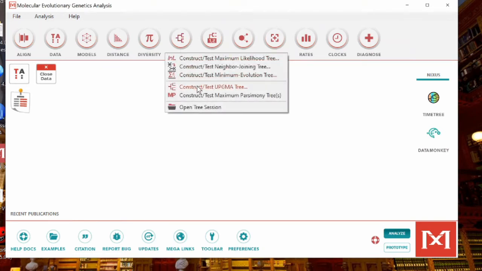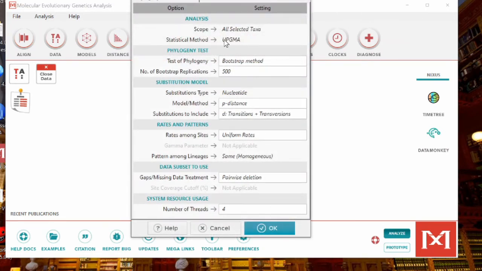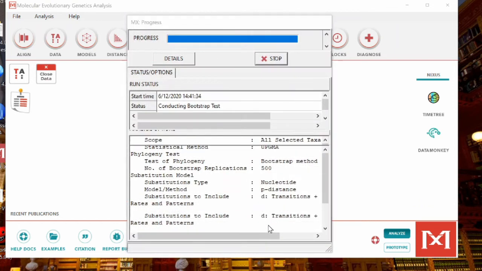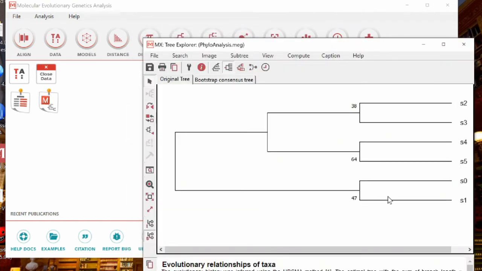So let me try the UPGMA method. In this particular method, I can't root it because it's constructed intrinsically rooted. The root is calculated as the point in the tree from which all the distances to all the operational taxonomic units are the same, and here this is not particularly the same.